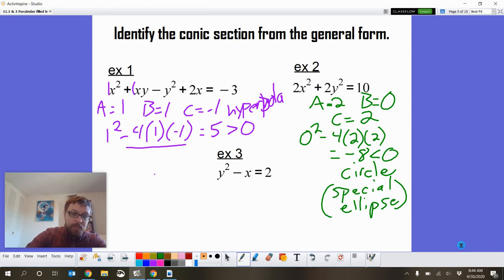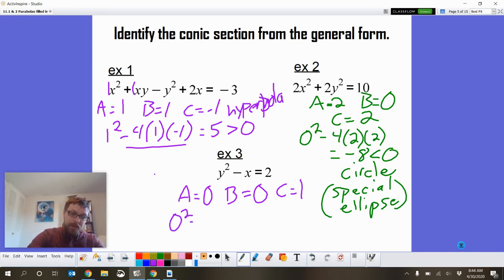Finally, we got this last one. This last one's a little silly looking. We look for A, the x squared term. I don't see one, so it's 0. We look for B, the xy term. There isn't one. And then C is our last thing, the y squared term, which is 1.